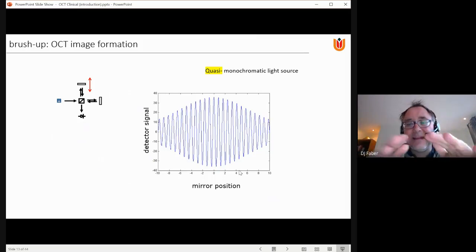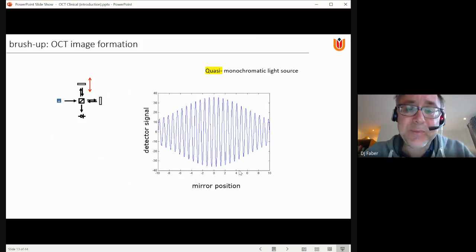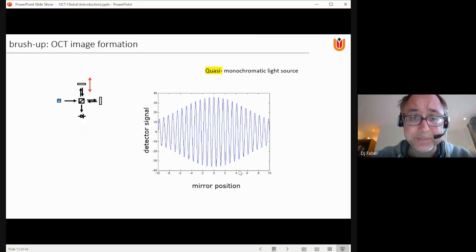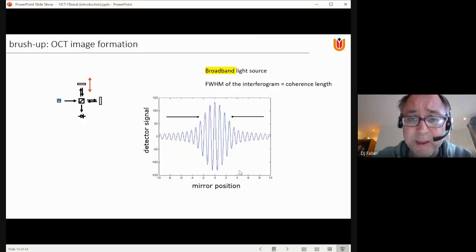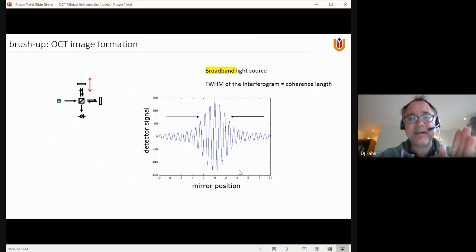So in the end, the result is that the magnitude, the envelope, let's say, of this interference pattern will drop as the mirror position moves further away. If I add even more wavelengths, and then we go to a broadband light source, so kind of white light, all the wavelengths are in there, then this pattern can become extremely narrow. If there's a lot of wavelengths, then only for the condition where the mirror position in one of the arms, the reference arm, the moving one, is exactly the same as in the sample arm.